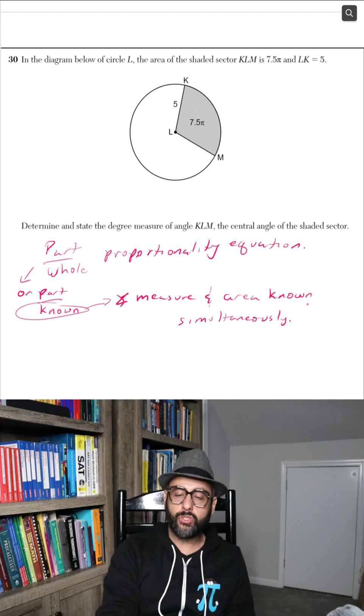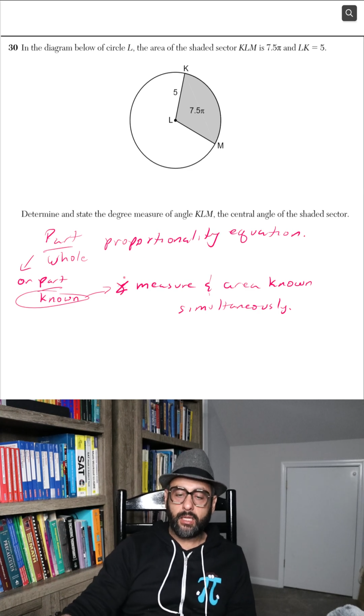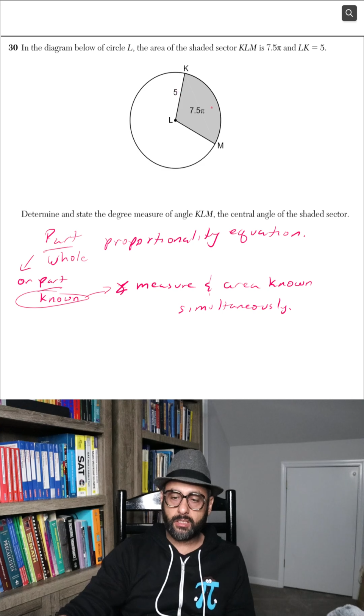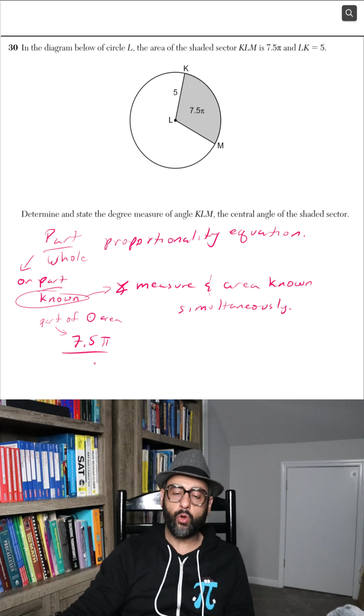Okay, so if we put this into the problem, the part of this circle is the area, so that's 7.5 pi is the part of the circle area, divided by the whole area.